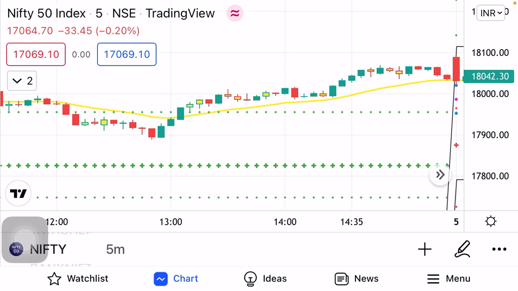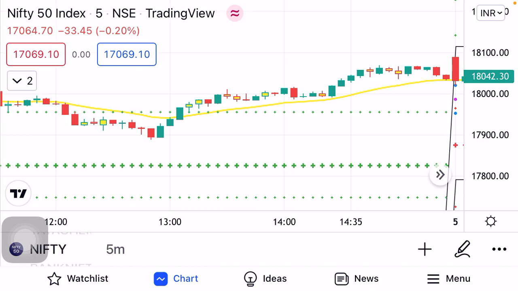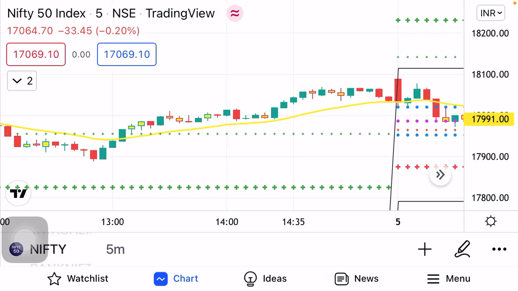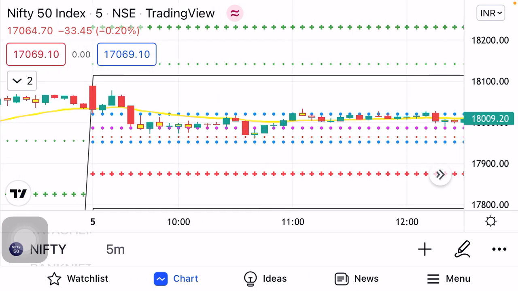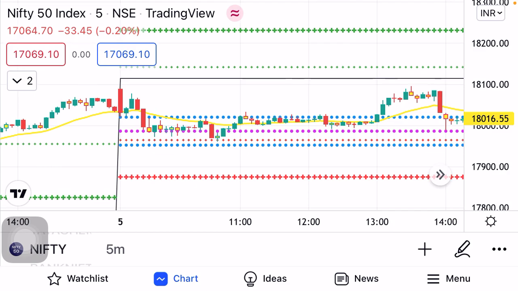Sometimes at the CPR the market can take support before coming to L3, since the CPR is in uptrend. So we'll take a call position at the CPR. See whether our target was reached or not.